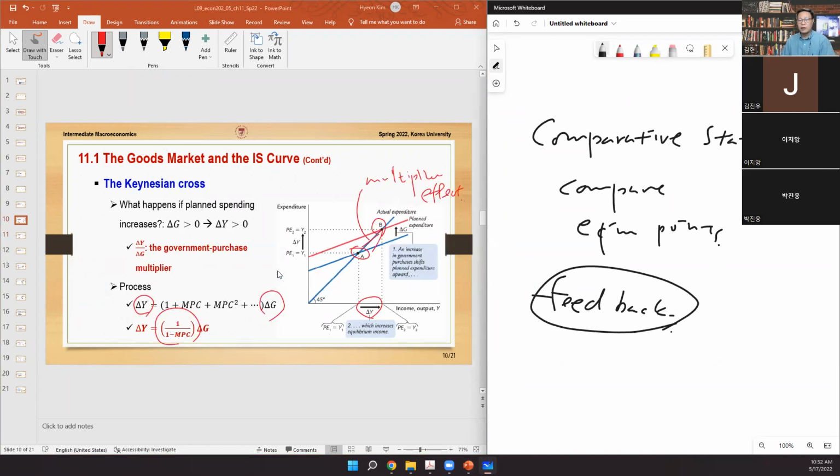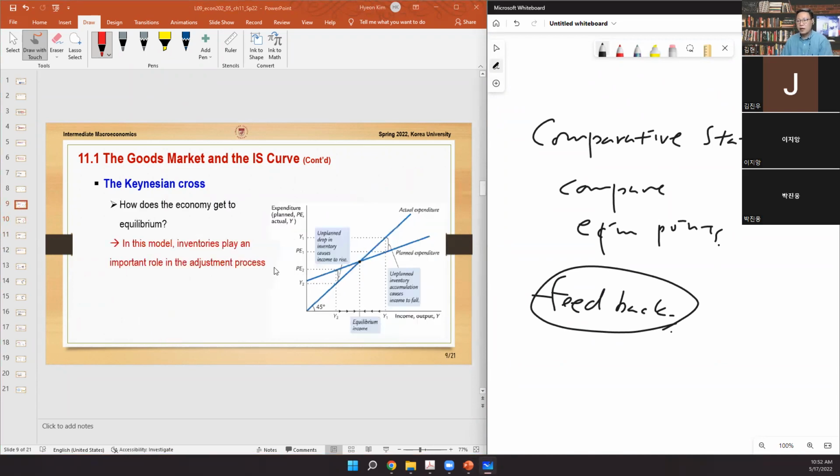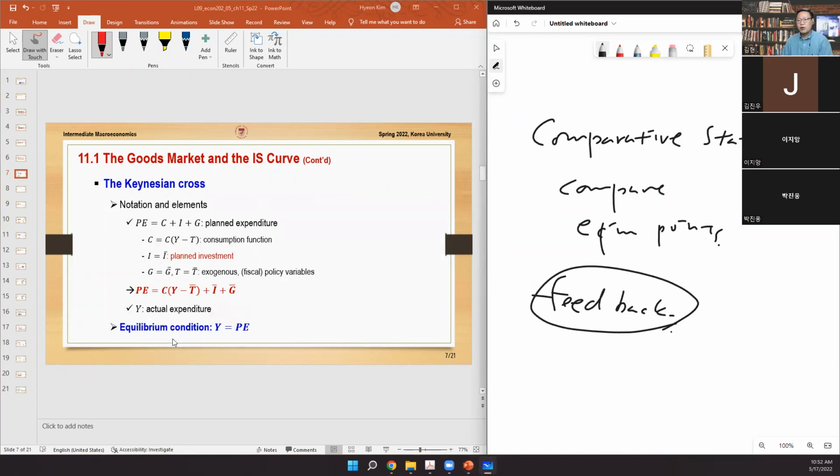So if you compare government purchase and tax, the fundamental difference is in terms of this GDP identity or planned expenditure, our planned expenditure will have a one-to-one relationship with the government purchase because this is a separate term. But for tax, there is an intermediate term, consumption.